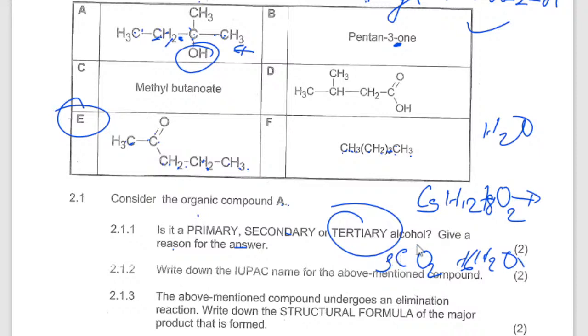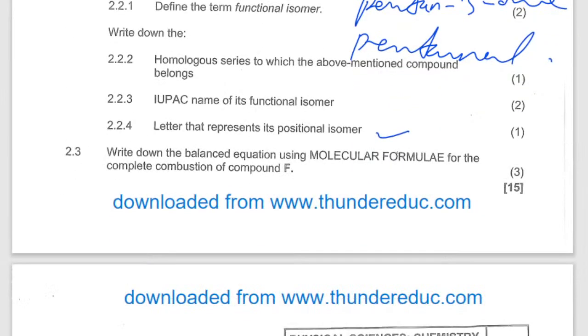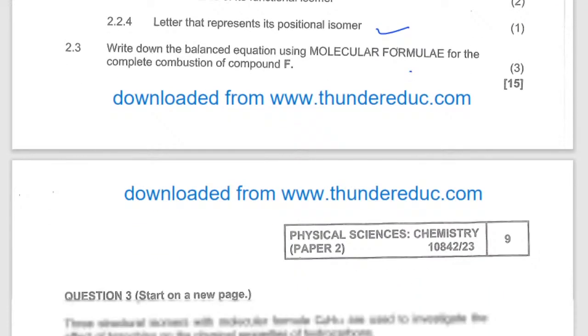You understand? We give you marks for writing the correct symbols, for writing the reactants correctly, and then balancing is going to get 1 mark. That's how we were supposed to write this and get those 3 marks.